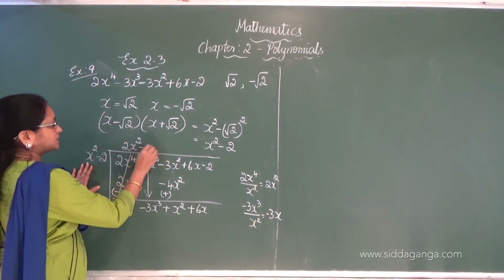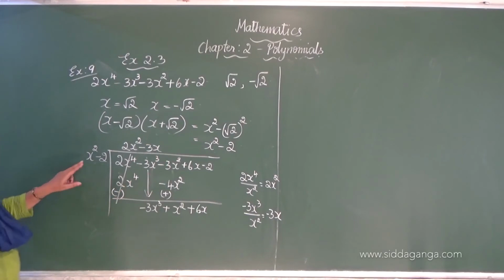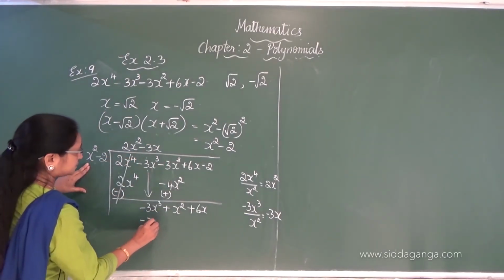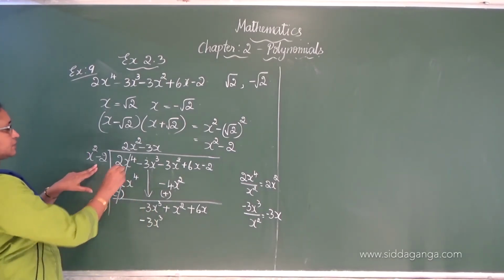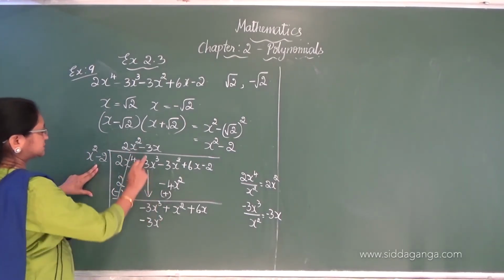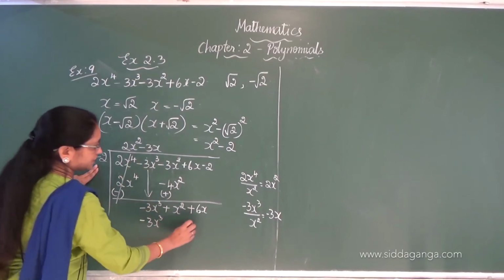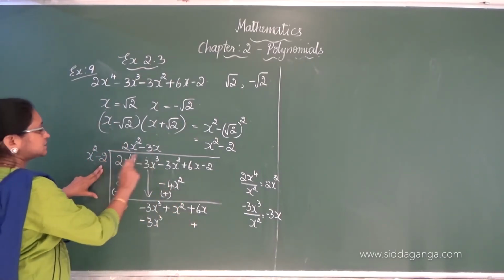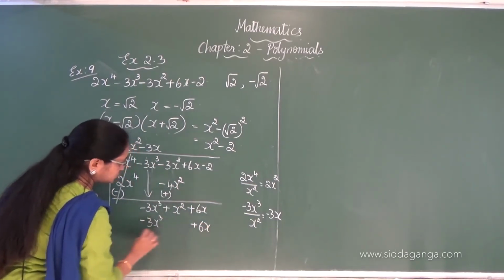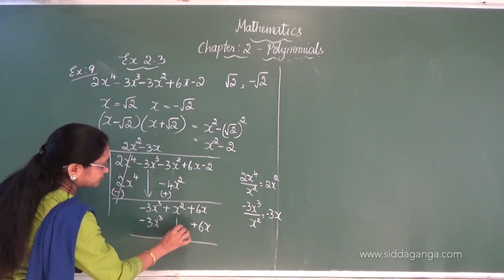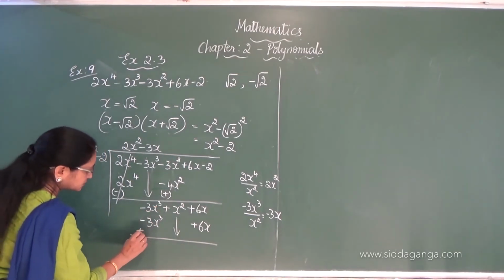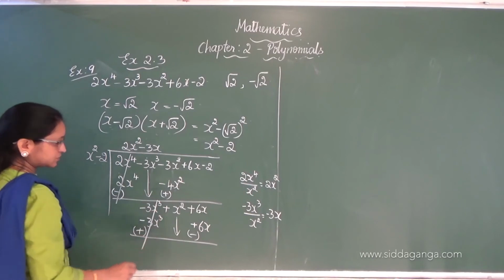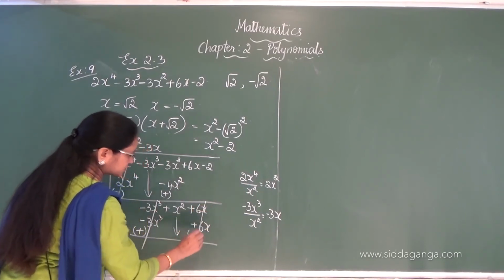So the next term is minus 3x. Now multiply this. Here minus 3x cube, plus, minus into minus plus, 3 2s are 6x. Now this plus minus, and we are going to cancel these two and this also.